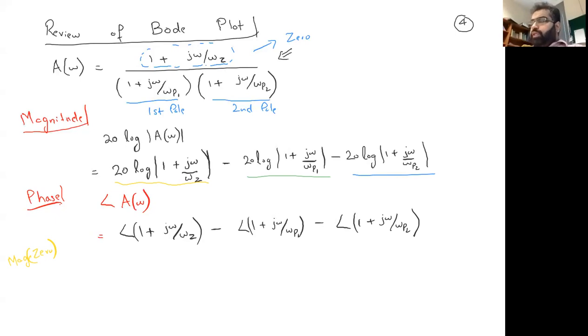According to the Bode plot, we can bifurcate it into two configurations: when omega is very much less than omega z, and when omega is very much bigger than omega z. We mentioned last time, in the review, that omega very much less than omega z means we can take omega equal to omega z by 10.